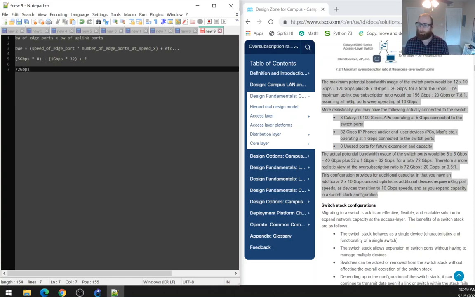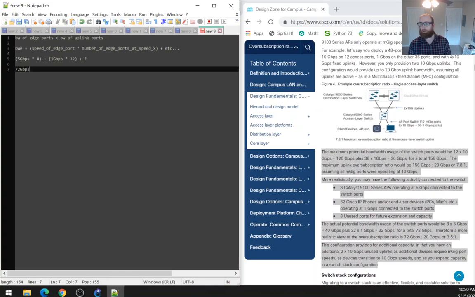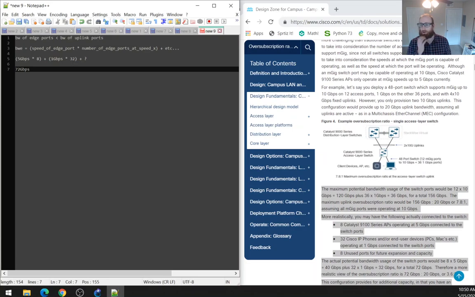Therefore, a more realistic view of the oversubscription ratio is 72 gigabits per second to 20 gigabits per second, or 3.6 to 1. So I guess I don't know what they're talking about with the oversubscription ratio.